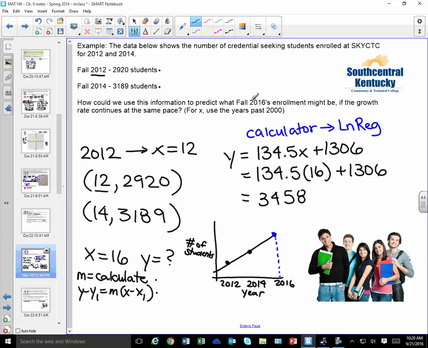Okay, so I want to know what the enrollment's going to be in 2016. 2016 is 16 years past 2000, so I'm going to plug a 16 into here, and I get 134.5 times 16 plus 1306. I get enrollment of 3458, which is what we would expect in fall 2016.